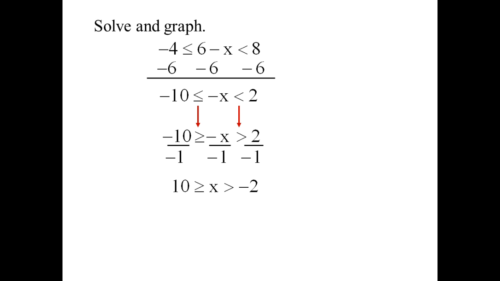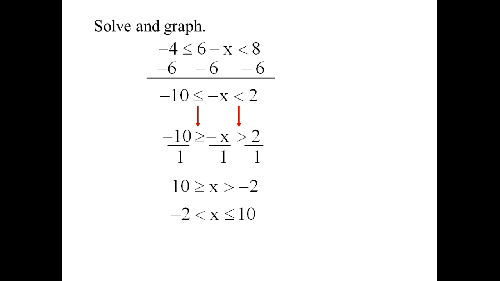Now you can see it's messed up. The big numbers are on the left, the small numbers on the right, and they're facing the wrong direction. They're all greater than. So flip the whole thing around to be the correct format. Negative 2 less than, less than or equal to 10, actually.